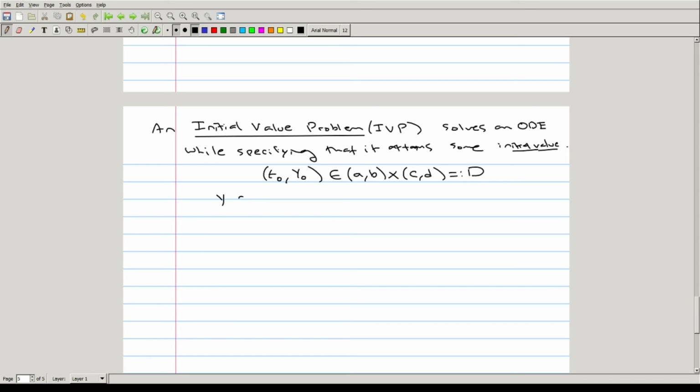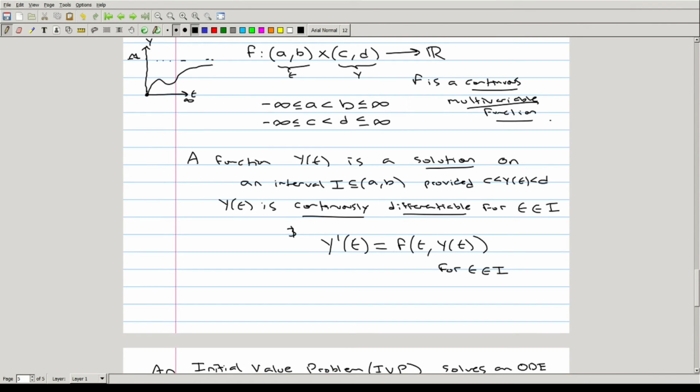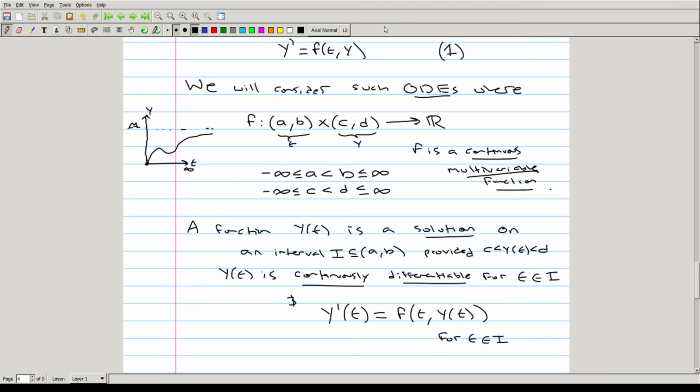And we say that y solves the IVP if it solves the differential equation right here, or 1.